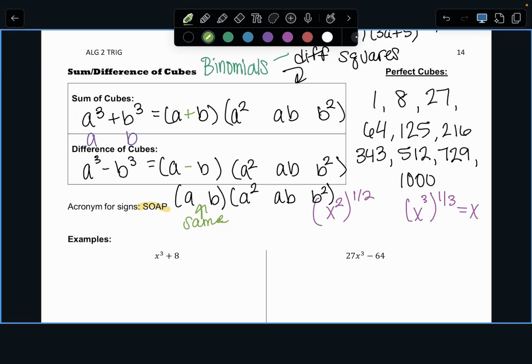The O stands for opposite sign. So if we started with a plus, we now put a minus, and if we started with a minus, we put a plus. The A and the P go together for our last one. It means always positive. So that one's easy to remember. There should always be a plus sign at the end.